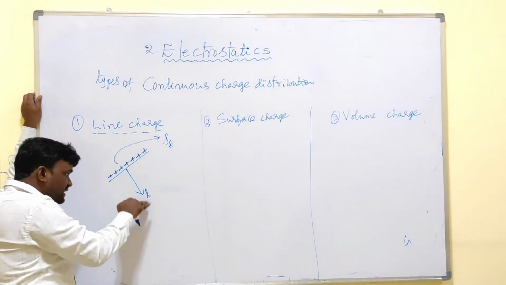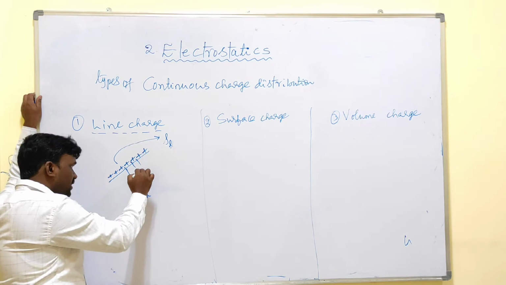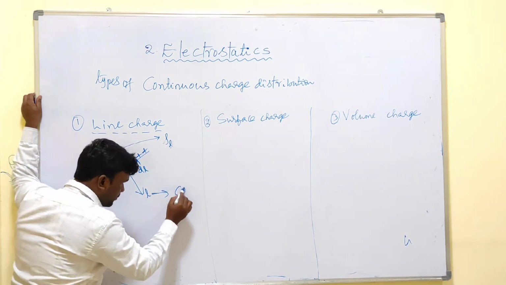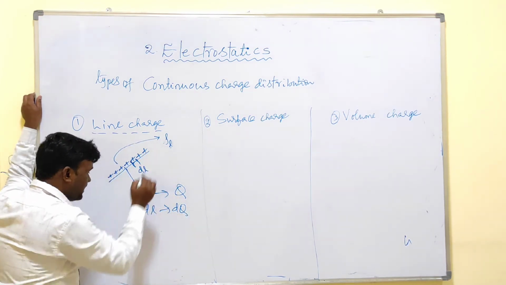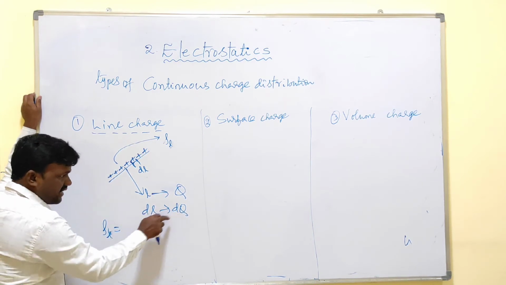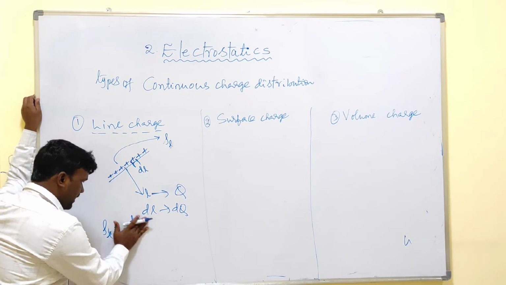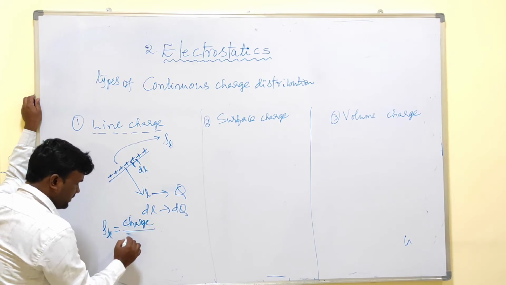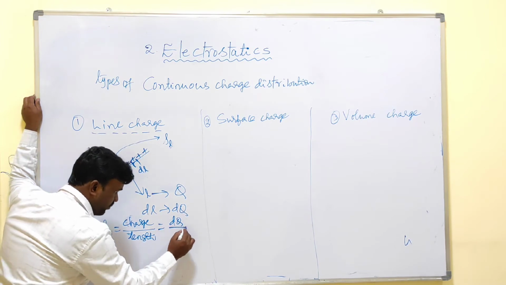If I divide this L into equal parts of length dl, for the total length L we get a total charge Q, and for dl we get dq. Then the line charge density rho L is charge per unit length, that is dq by dl.